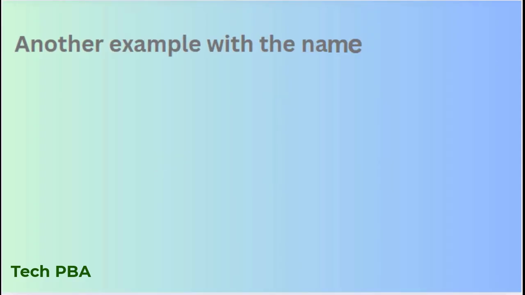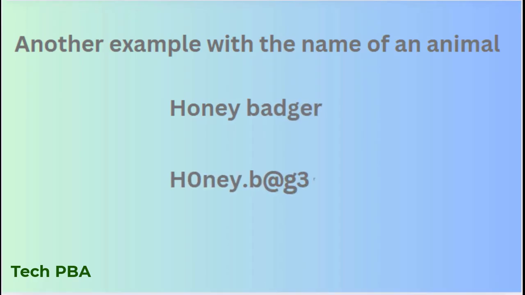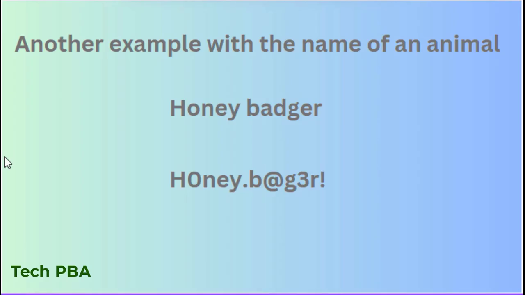You can also use the name of an animal, and in this case, I'm going to use the honey badger, one of my favorites. Wild animals. So that is the password I created out of the name of the honey badger. The H is capital. The O, I used the number 0 for added security, and then the rest of the honey, the NEY, normal.